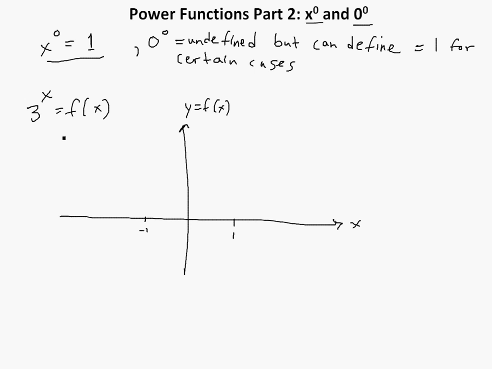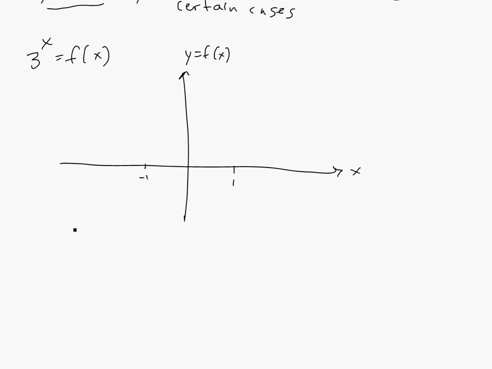If we were to put negative infinity in here, let's write it down: we have 3 to the negative infinity, all the way over here. At negative infinity, this would be basically 1 over 3 to the infinity, the negative from the previous video, as you could see.